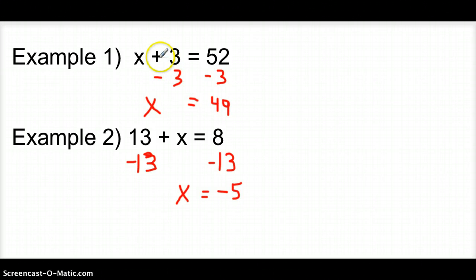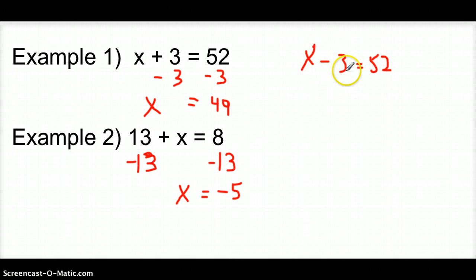If this had been a minus sign in this first one, say we had x minus 3 equals 52, then to solve that for x, we want to get x by itself.